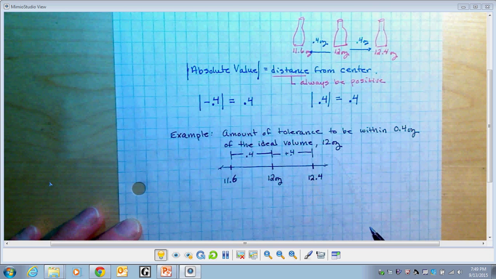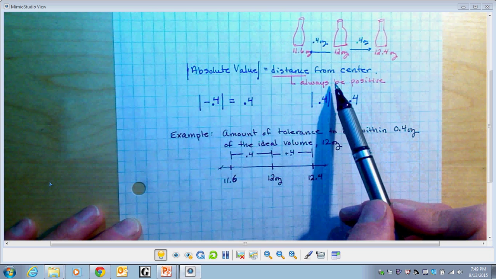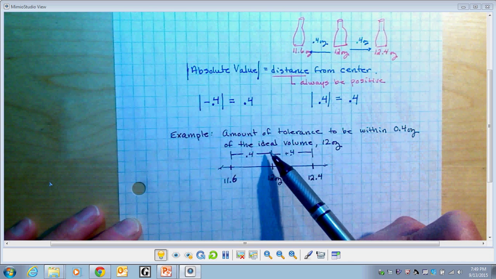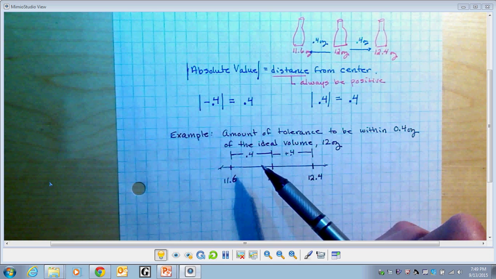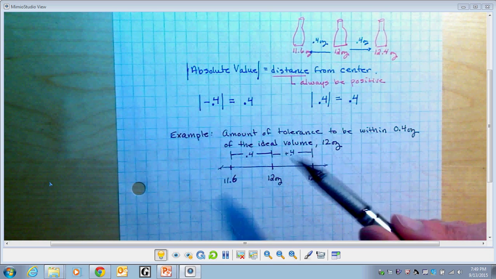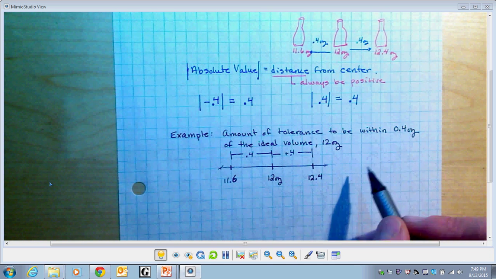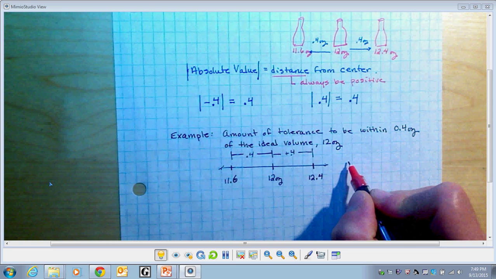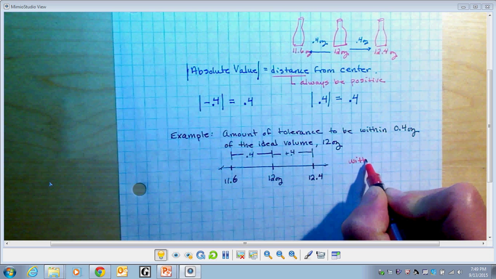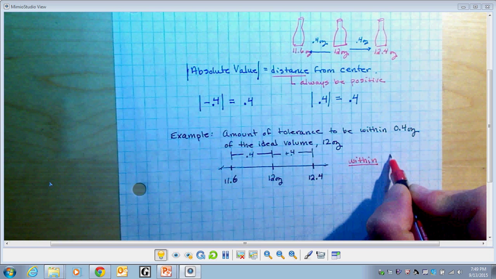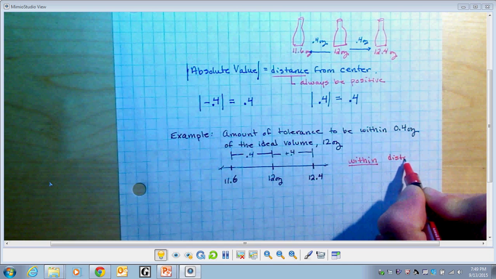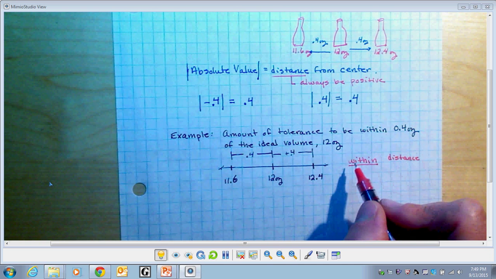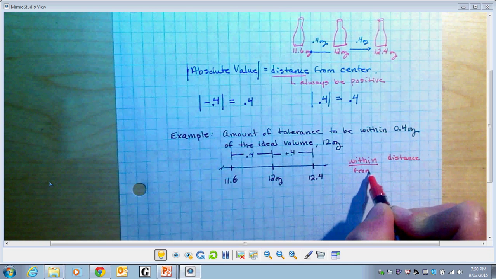Okay? So remember, distance is always positive. Okay, so let's think about this because I want to be within. So let's think about what does that mean. I want to be within the distance from the ideal.